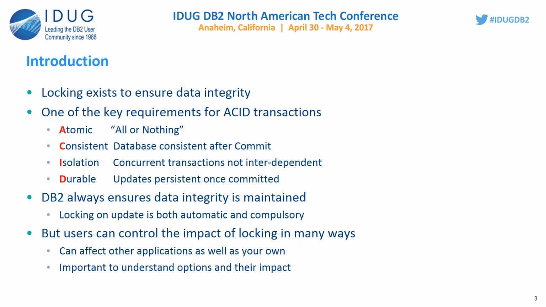But you can control the impact of that work to do data integrity on other people. So if you want to, you can write an application that will bring your system to a standstill by coding incorrectly and taking the incorrect locks. Equally, you can code your applications in such a way that your transaction will sit nicely with everybody else on the workload. And that's what we're going to be talking about.